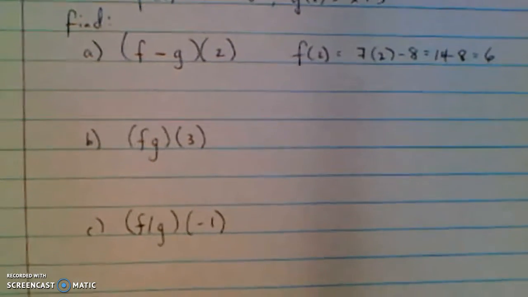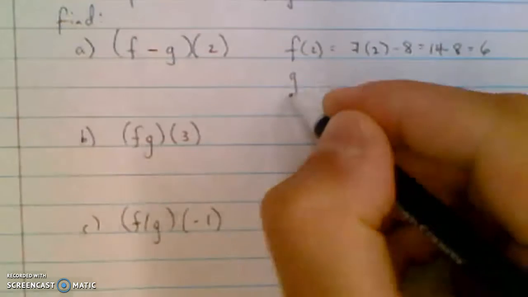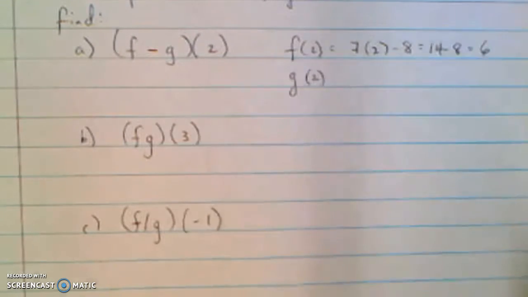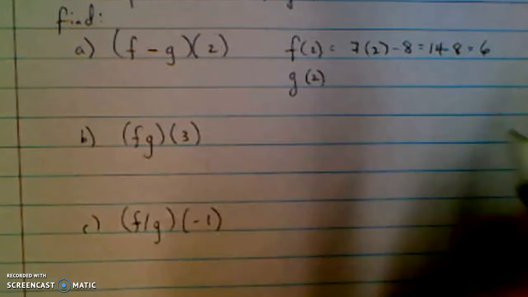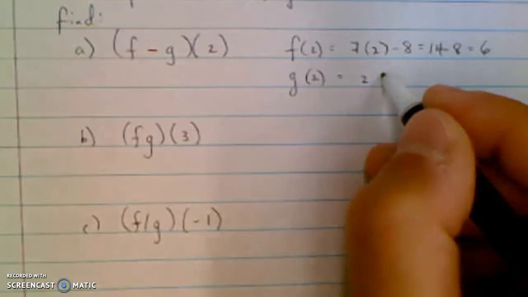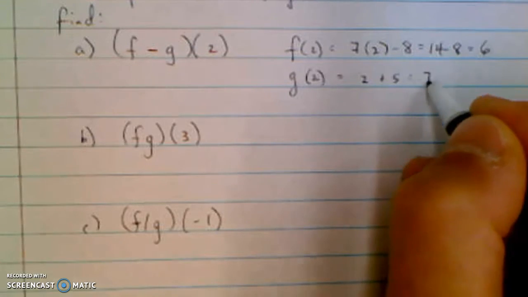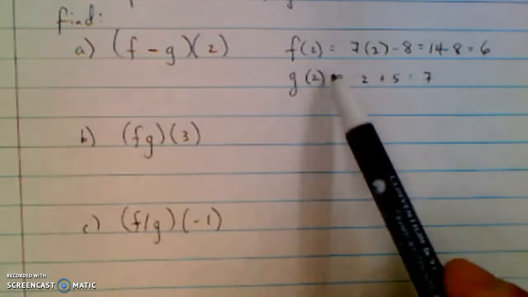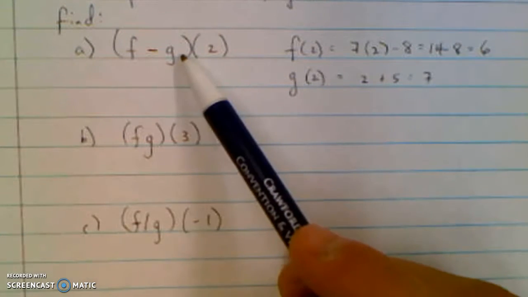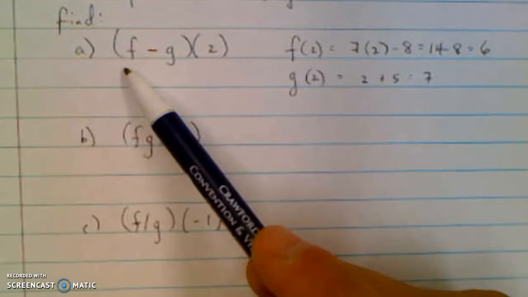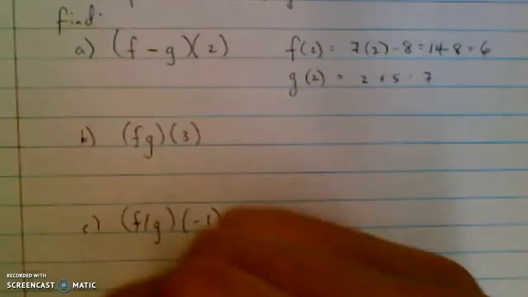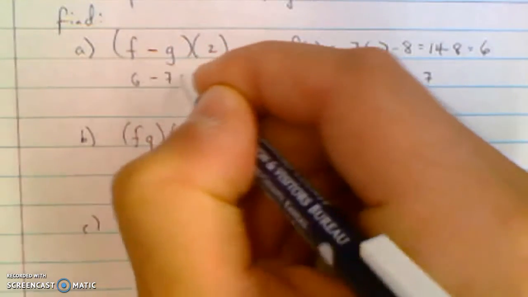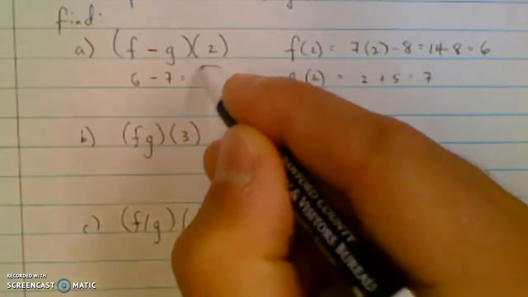Everybody agree on that? G of 2: 2 plus 5, 7. And make sure you subtract in this order. Make sure you subtract g from f, because we could have g minus f of 2, which changes your answer. So 6 minus 7 is -1.